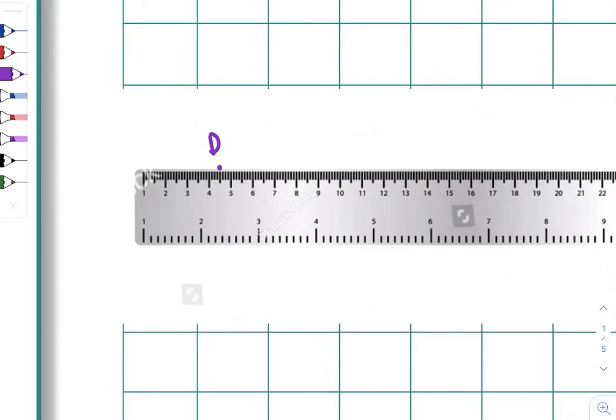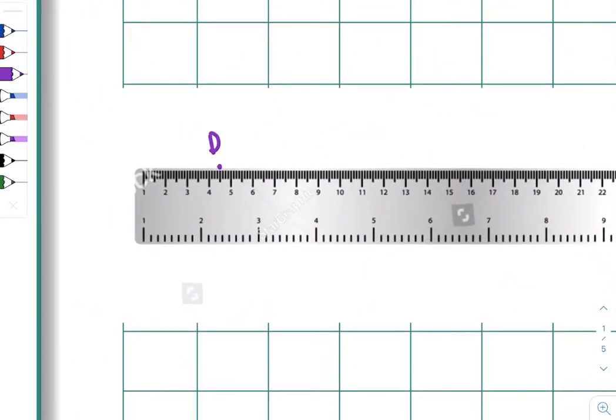Right? So 3.4, so I can go over 1, 2, 3, and then 0.4, and that would bring me right here to E, which would be 7.9 centimeters, right at the line for 7.9 centimeters. But I didn't have to go to the right there, right?